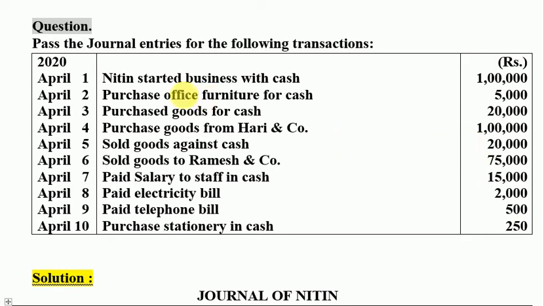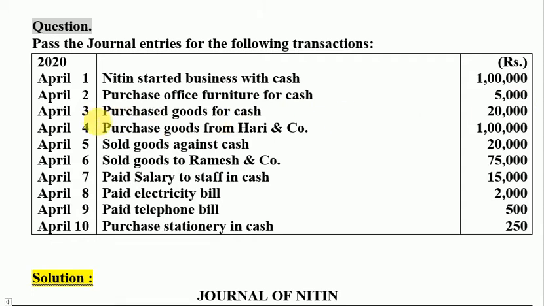Clear? So on April 1st, 2020, Nitin started business with cash worth rupees 1 lakh. The second transaction is on April 2nd, purchased office furniture for cash worth rupees 5,000.